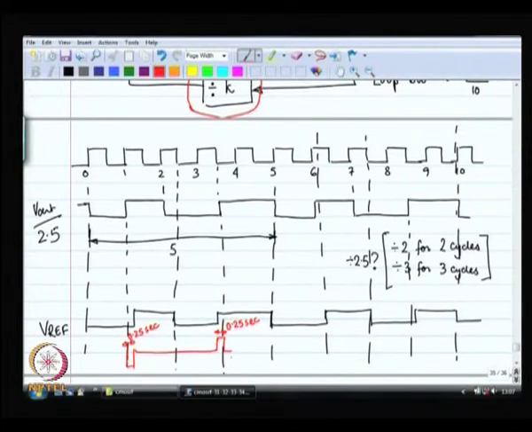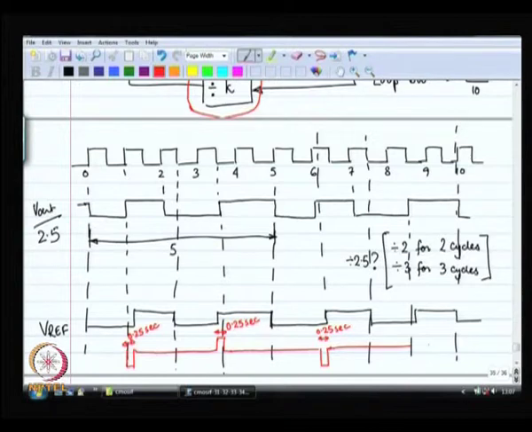Then again there is a down pulse for a quarter of a second, and, that is right, there is a down pulse for a quarter of a second.